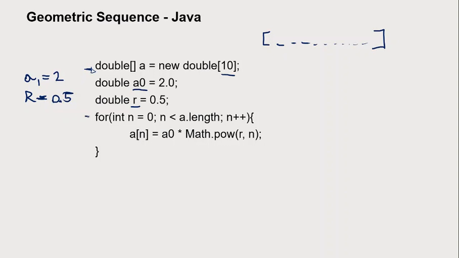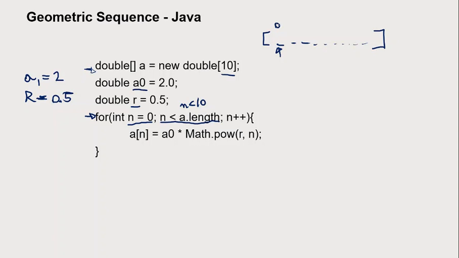And then we open that for loop. So again, we need only one for loop. We initiate n to be equal to 0. We want to first plug in the value of the first term into position 0. n must go up to the length of my array. So it goes up to 10 in this case, because my array will have 10 positions.